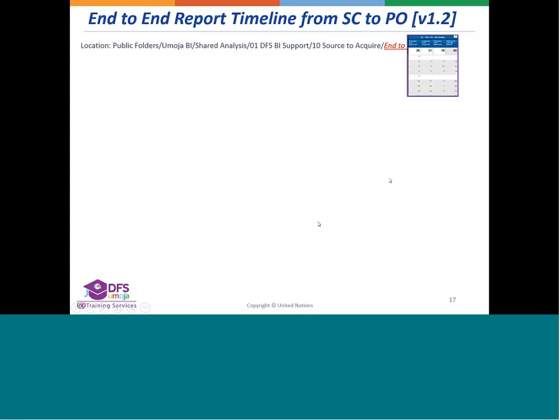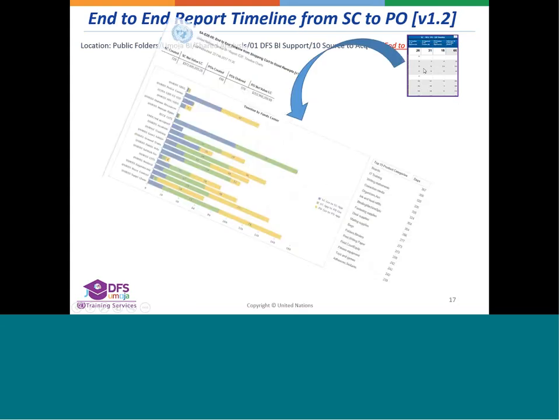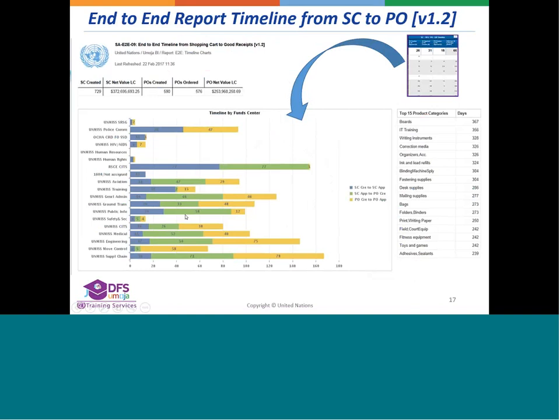If we go to the second tab, I will see that in production, we can see a breakdown by fund center of all those POs and shopping carts and the average time that it takes from shopping cart creation to approval, to PO creation, and the number of days to approve the PO, broken down by fund centers.